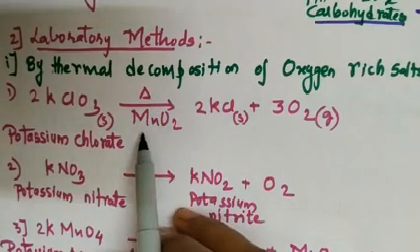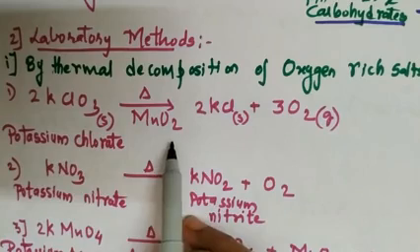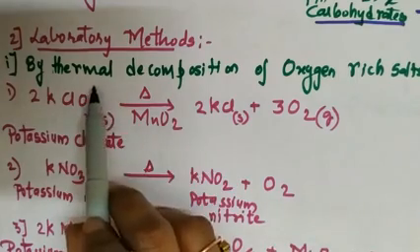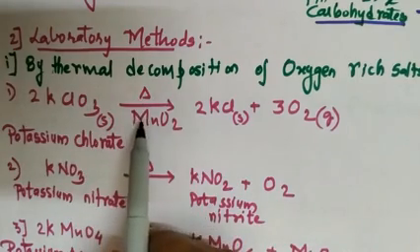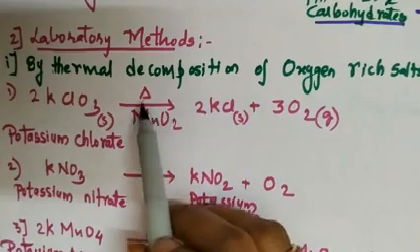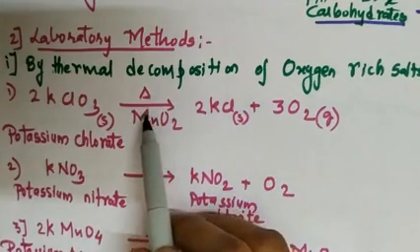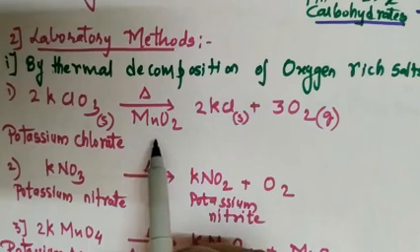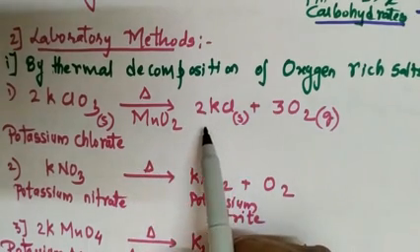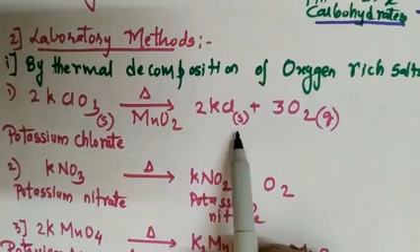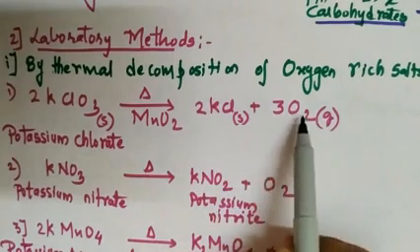When heated in the presence of manganese dioxide, MnO2, it decomposes. Thermal decomposition is there, so heat will be written on its arrow, either the heat symbol or the word heat. In the presence of catalyst MnO2, it gives 2 KCl plus 3 molecules of oxygen.